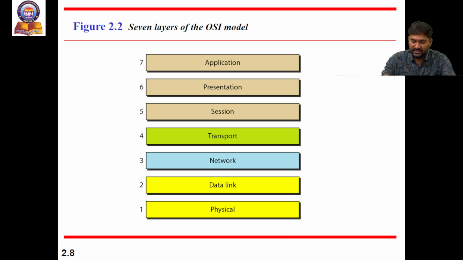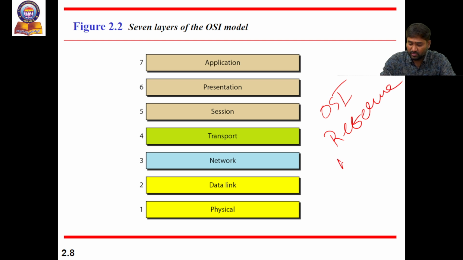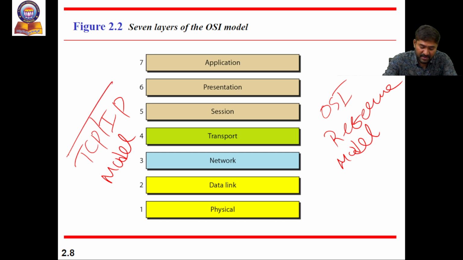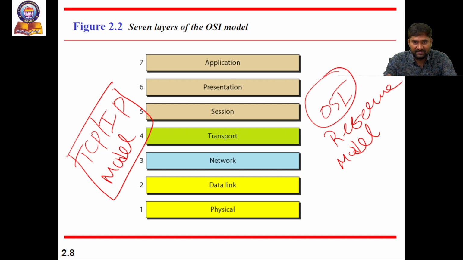Remember that this is a reference model, the name itself indicates it. It is only a reference, and based upon this OSI reference model, we built the TCP/IP model. Right now we are using the TCP/IP model in the real case, so OSI is only a reference model.